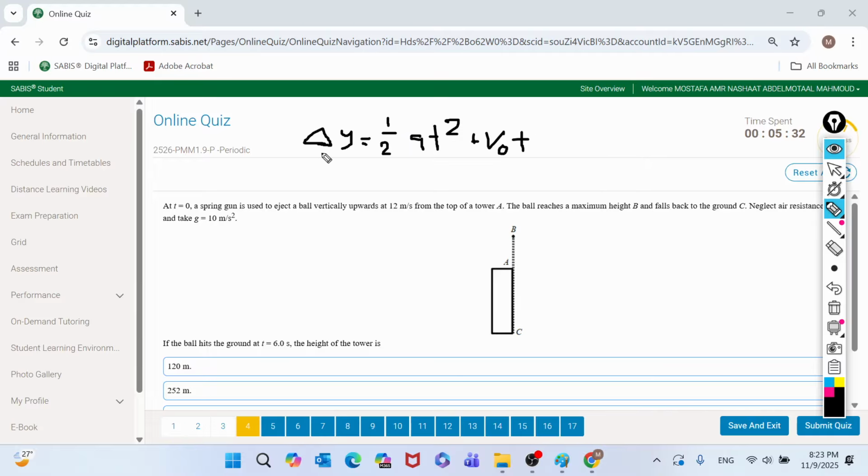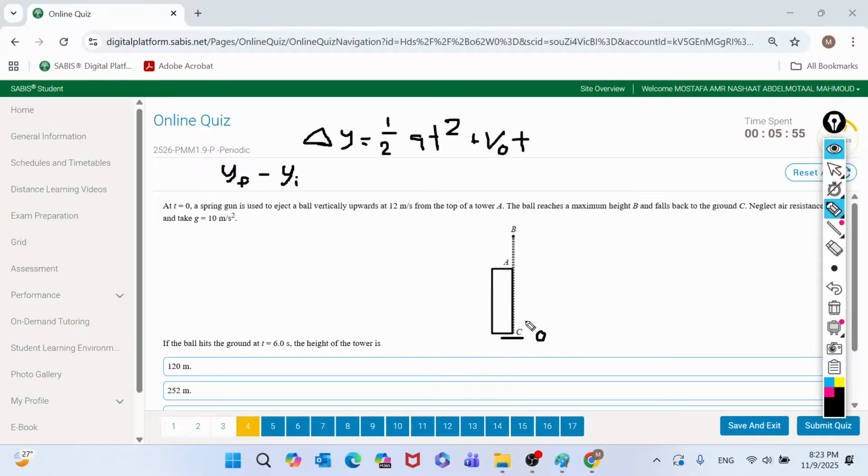But what is delta y? Delta y, we know it's y final minus y initial, right? What's y final? It's C, the ground, so the height is going to be 0 if you take C as the origin. If you take A as the origin, it's going to be different.